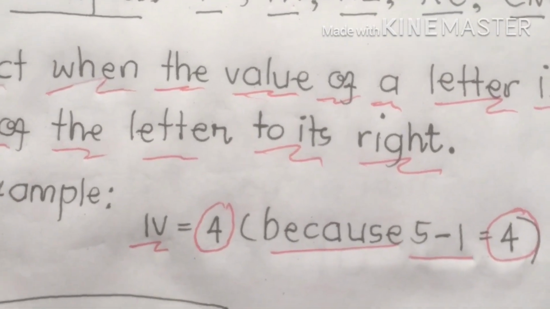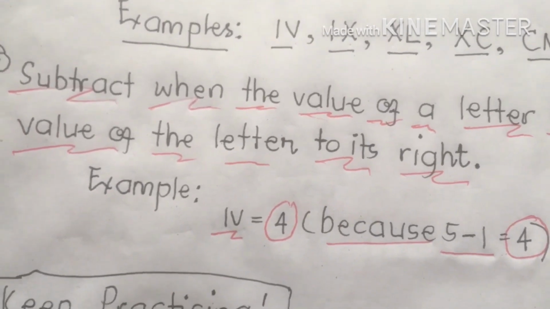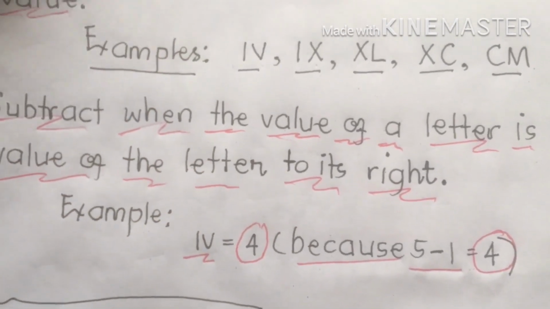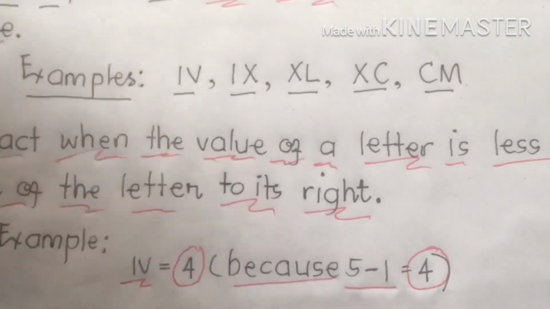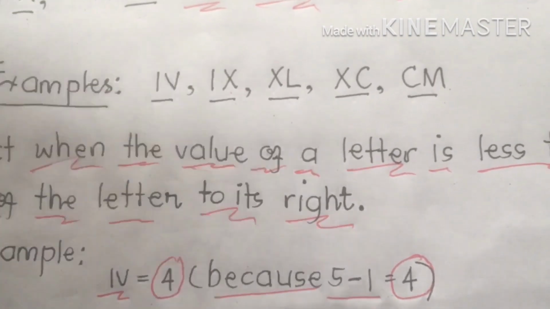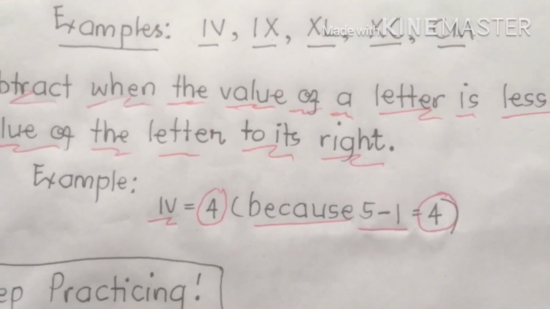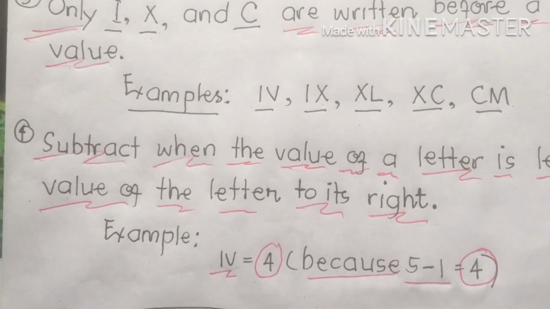We're going to subtract it because lower comes first before the greater value. So that's the time you can subtract it, my dear students. Again, if lesser value comes first, followed by greater value, subtract. If greater value comes first, followed by lesser value, you are going to add.